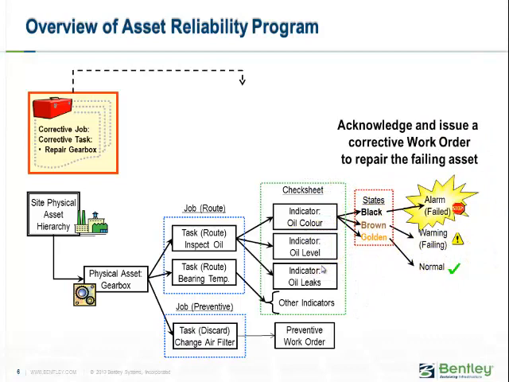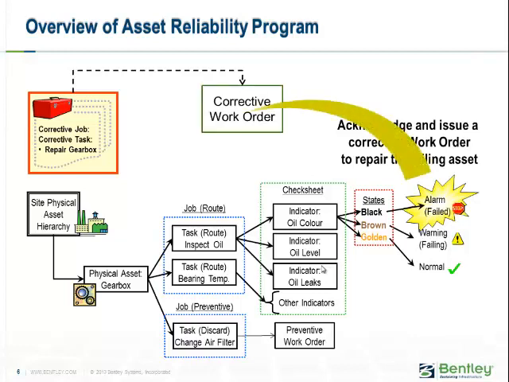Upon acknowledgement of the indicator, a corrective job can be created. For example, repair gearbox. And a corrective work order is assigned to the gearbox asset.